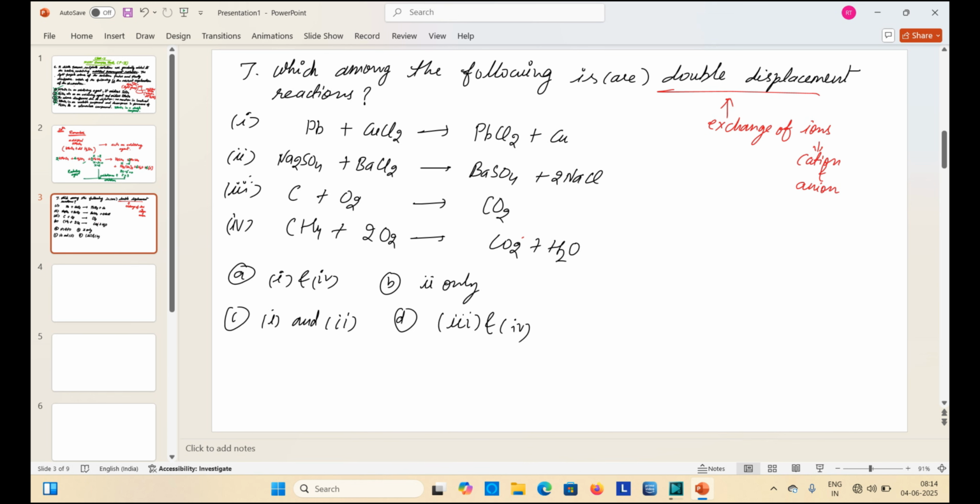Here you are finding that Pb is going at the place of copper, and you are finding PbCl2, and here copper is displaced, but here single displacement is taking place and it is a displacement reaction only. It's not a double displacement reaction.